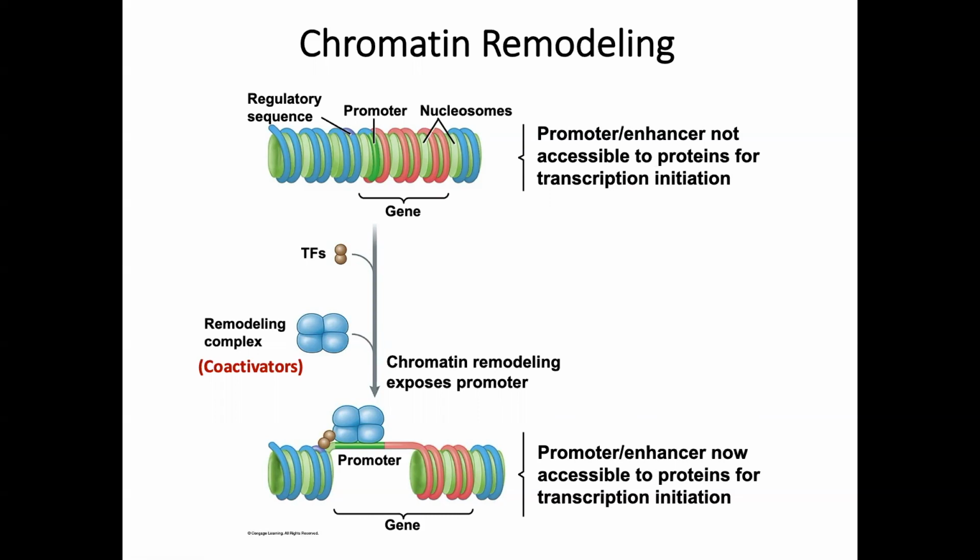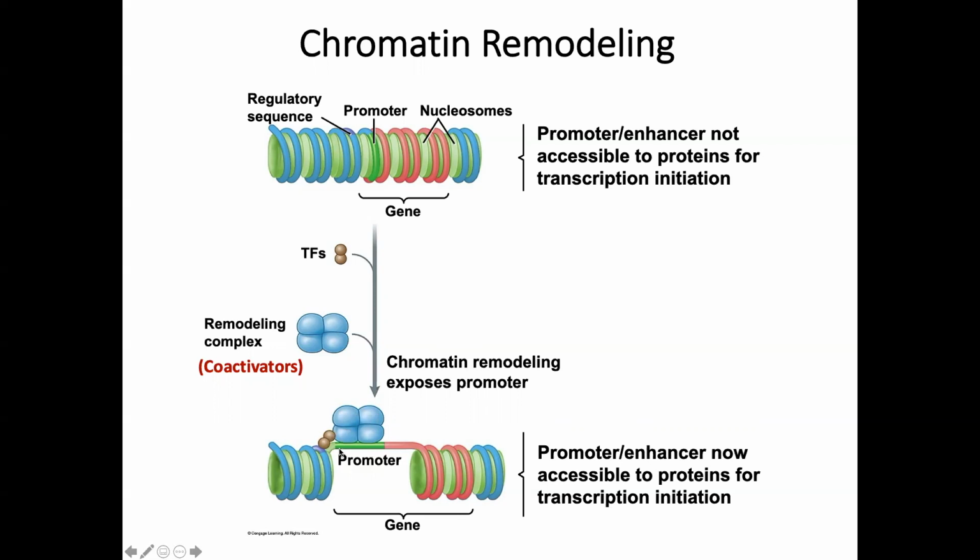In this figure, the remodeler activity ejects, or kicks off, the two nucleosomes in this promoter region, and then creates a nucleosome-free region for binding of other transcription-related proteins, including a transcription factor and the co-activator shown here.